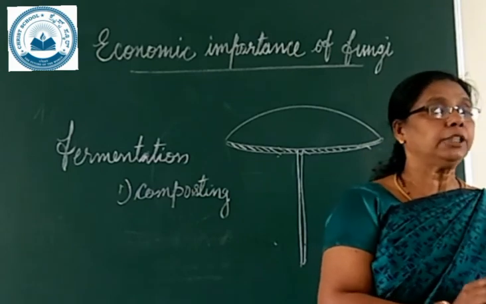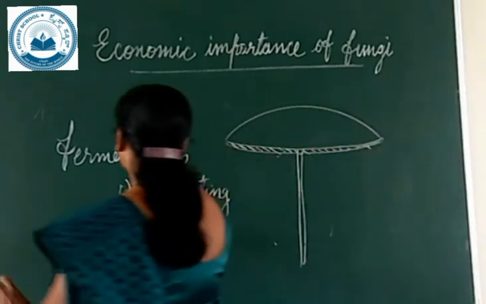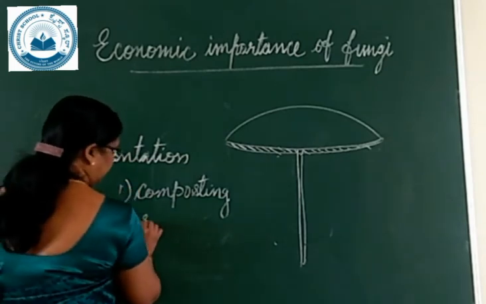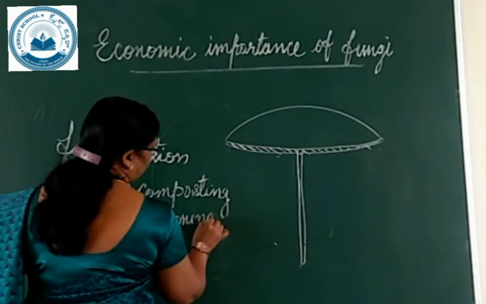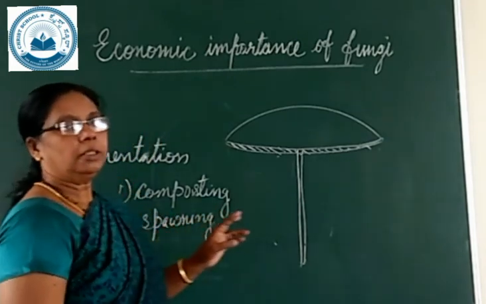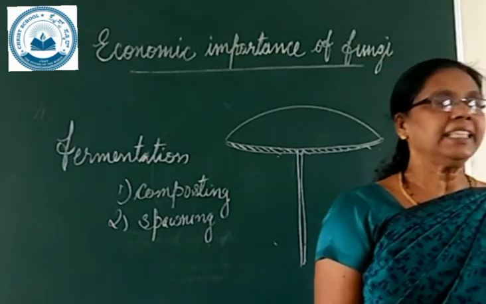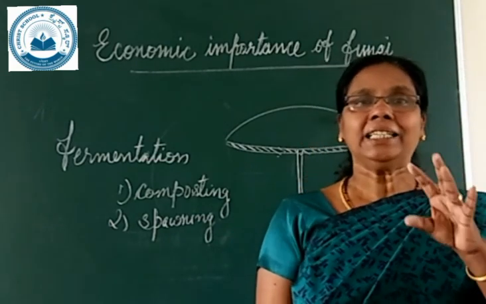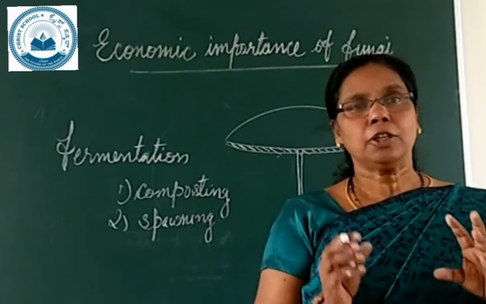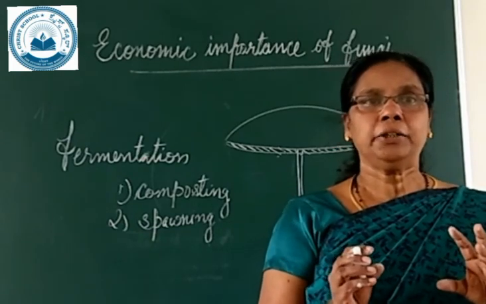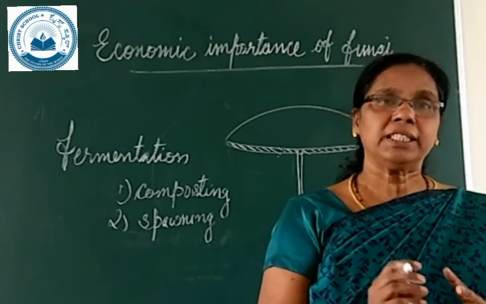Now composting is over. The second one is called spawning. Spawning is nothing but sowing the mushroom seed in the compost. The mushroom seeds are usually available in agricultural farms, and some nurseries also have these mushroom seeds.